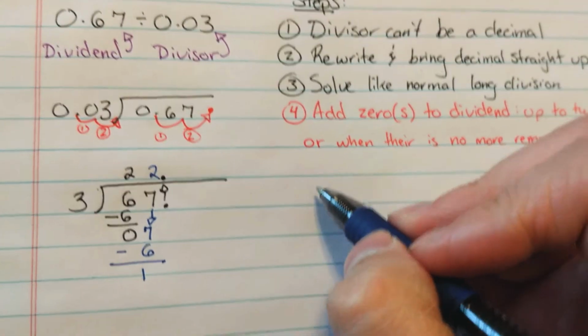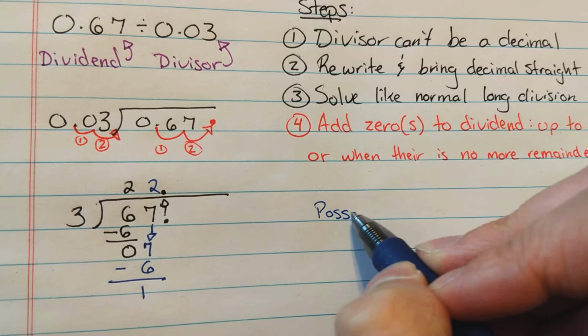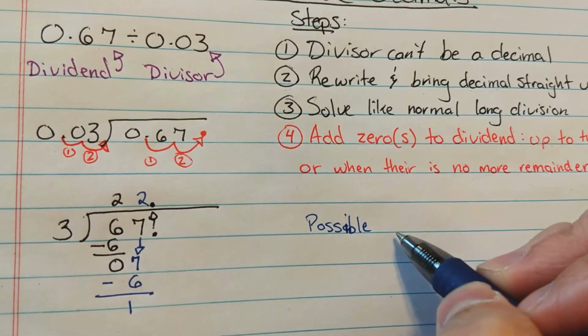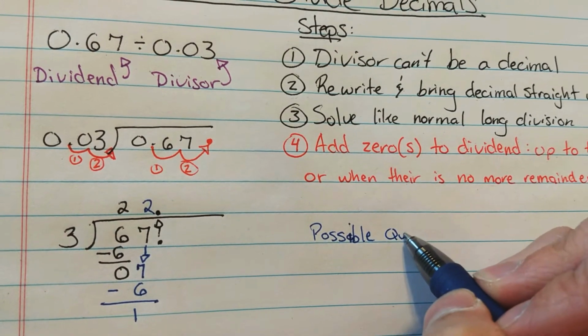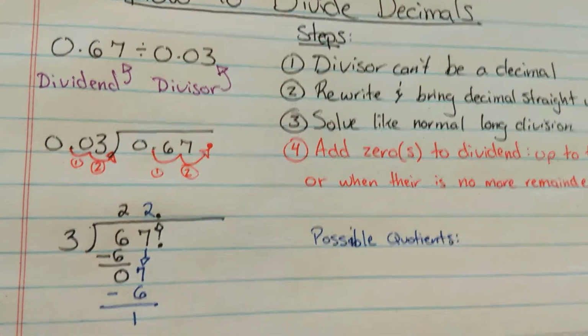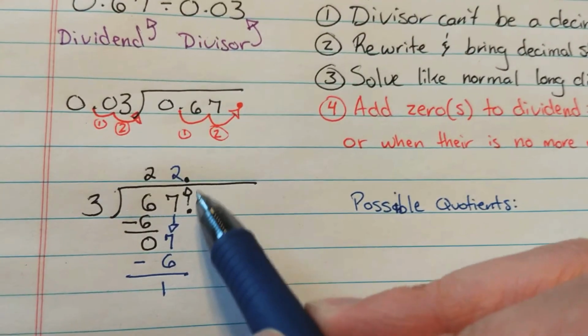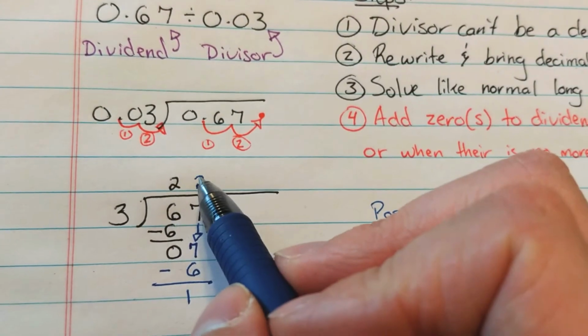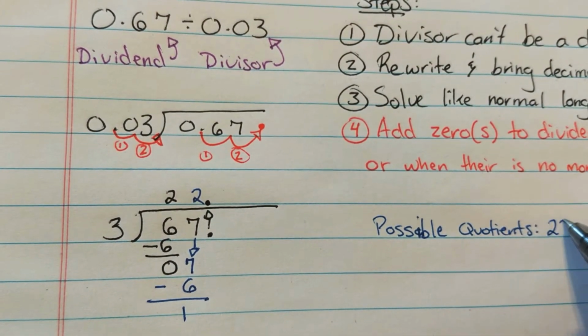Here are my possible solutions, or possible quotients. My first one, if I didn't want to find a decimal, I could actually stop there, where I have an answer of 22 and have a remainder of 1.